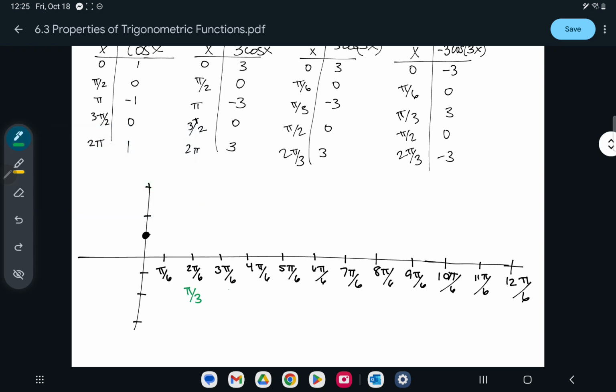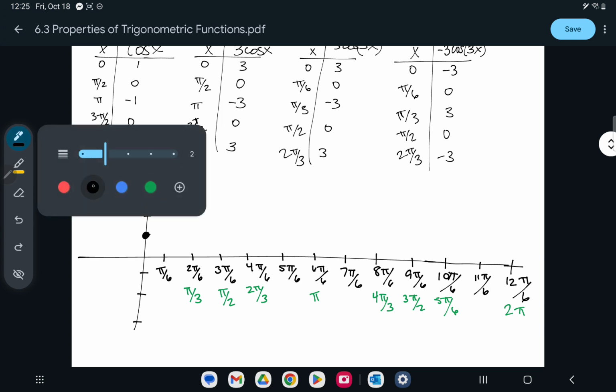So that's really pi over 3. It's really pi over 2. 2 pi over 3, pi, 4 pi over 3, 3 pi over 2, 5 pi over 6, and 2 pi.